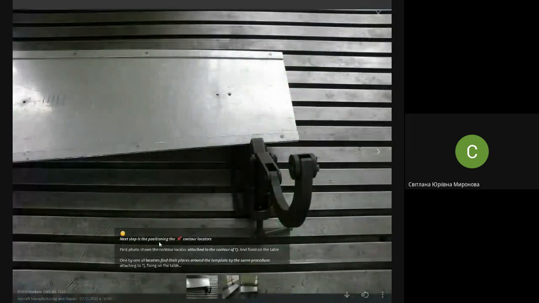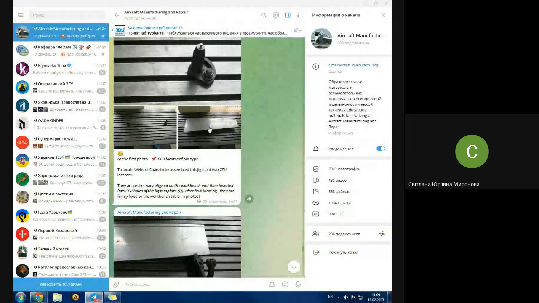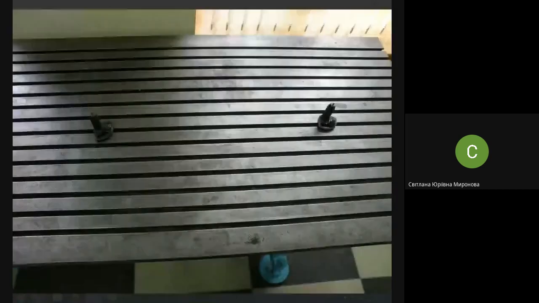Place the template here and align these pins by the holes of the template. And next, when they are already in place, you put the template onto these locators. Of course, you need to move them a bit to adjust them to the template. And next, you will clamp them on the table with the nut, as I said. Fix it permanently.